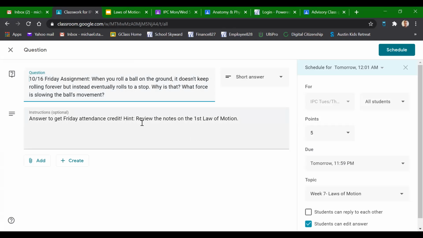This is going back, and I've mentioned a hint in here, to something that we talked about during the first law of motion about why things on Earth can't keep traveling forever at the same speed and direction, how there are forces on Earth that'll cause them to slow down and stop. But that'll be the question posted tomorrow, about what those forces are and how they cause things to stop when they're rolling along the ground.